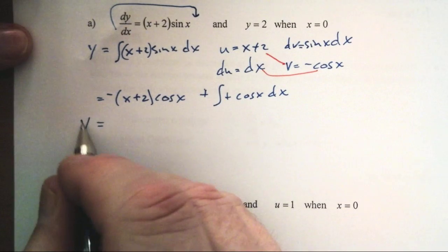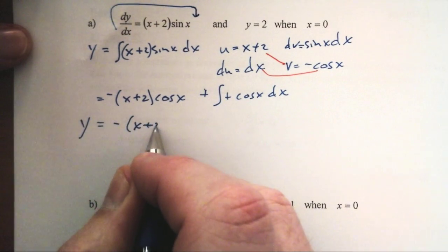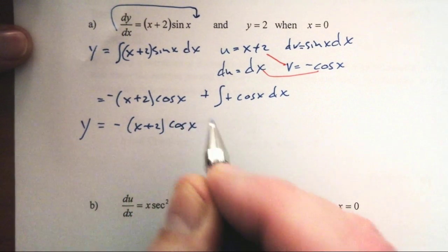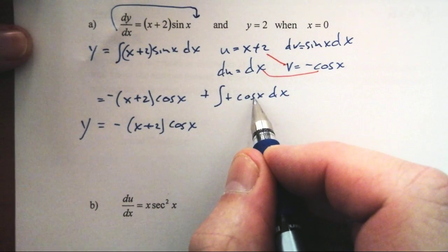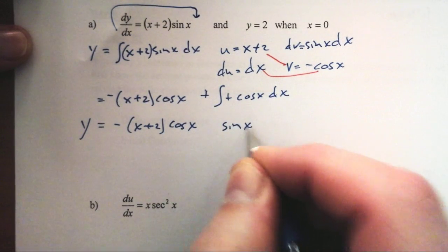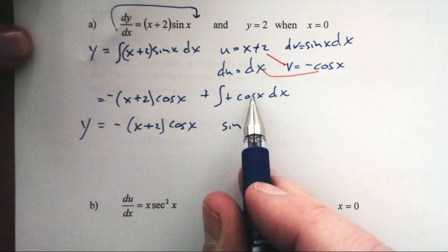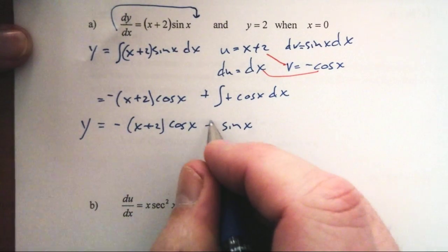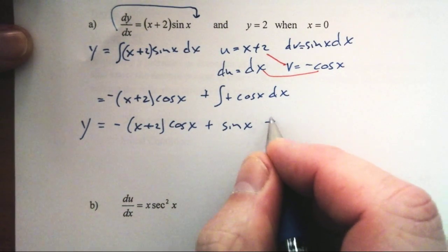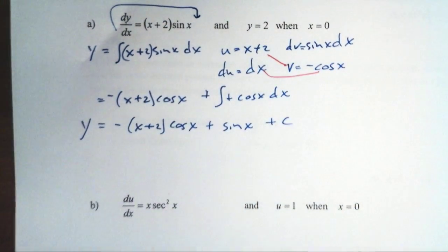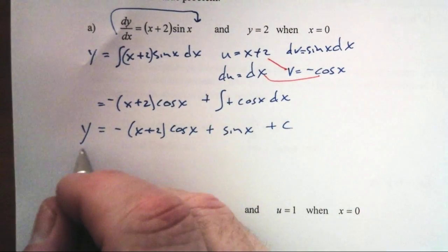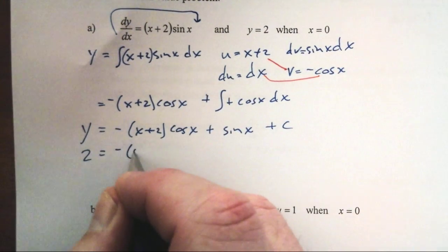We've got y equals negative x plus 2 cosine of x. The antiderivative of cosine wants to be sine. Let's check it. Derivative of sine is cosine. That's good. So plus c. That's the coefficient. At this point, we're going to say y is 2 when x is 0.